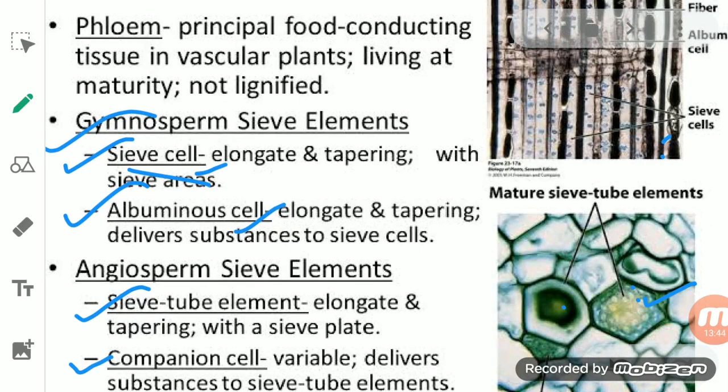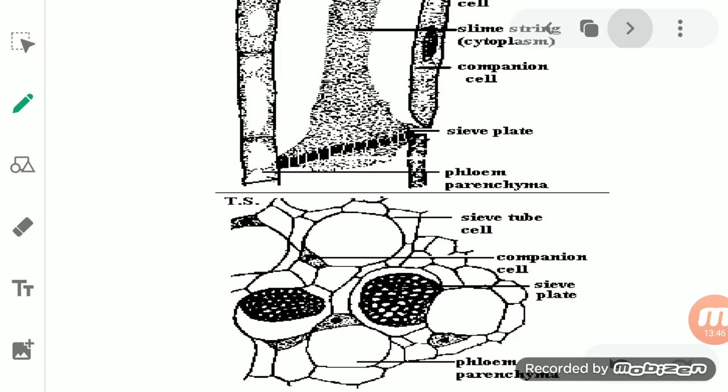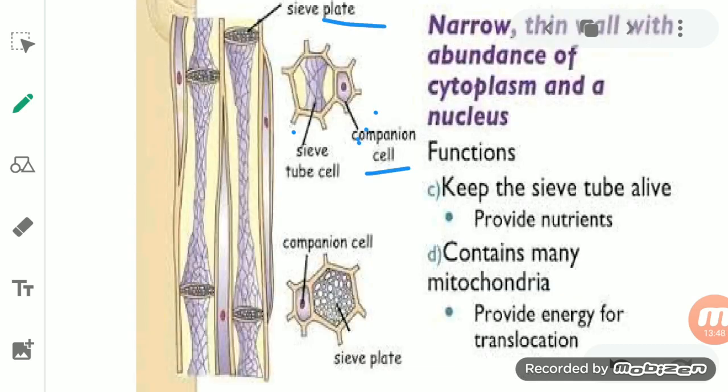Now, if we talk about the companion cell and the albuminous cell, students, then what we will find is that the companion cell and albuminous cells are nucleated cells. It means they consist of a nucleus.